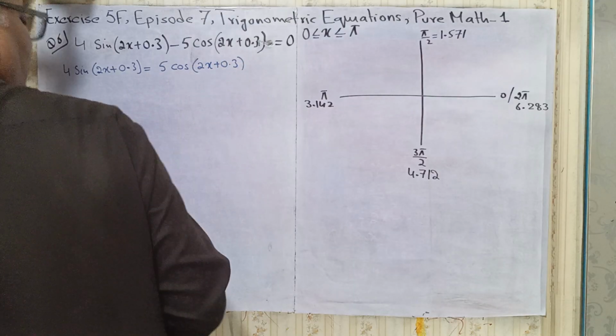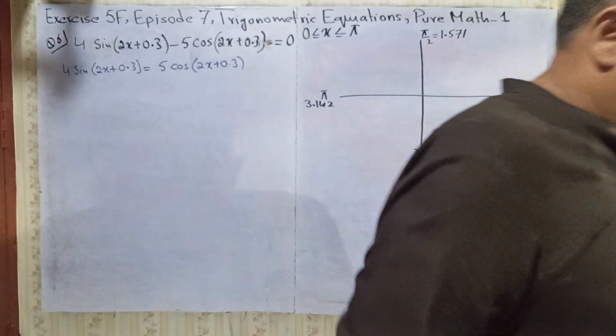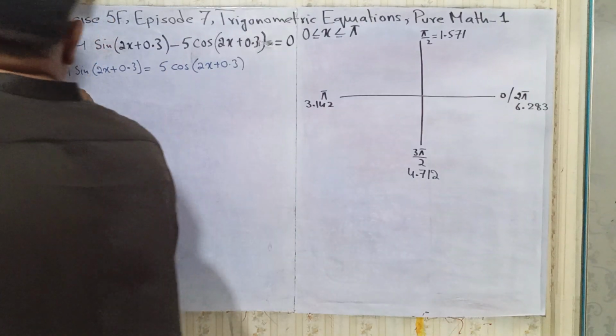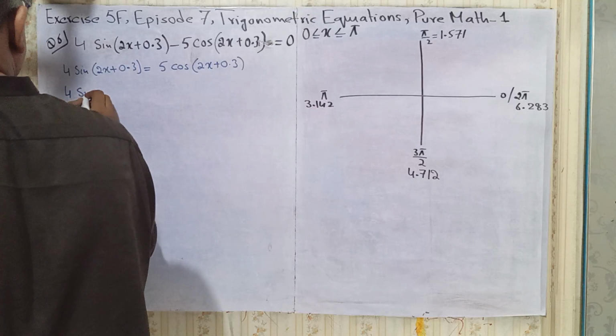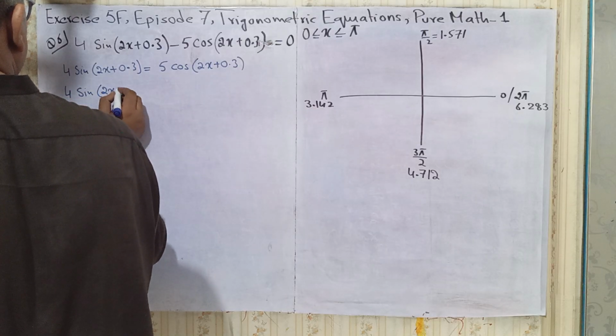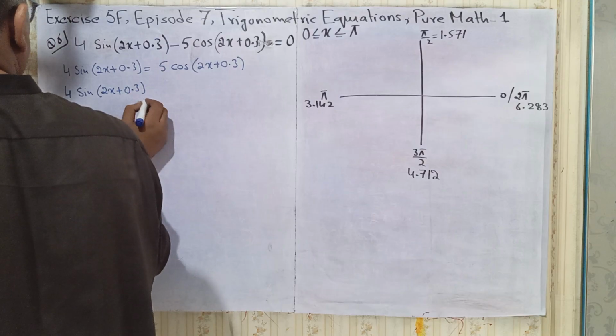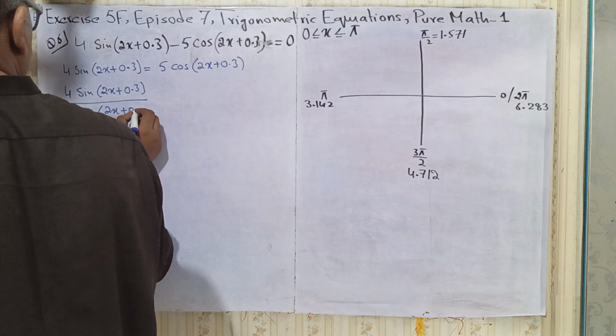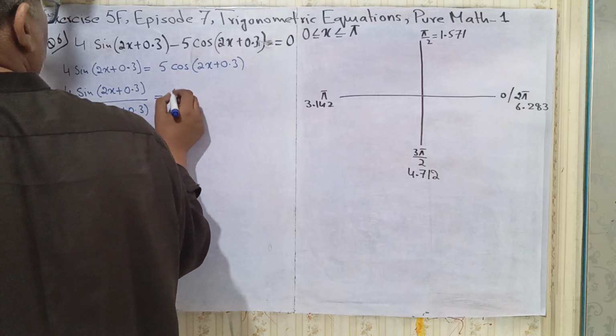So divide both sides by cos. When you divide, you will have 4 sin(2x + 0.3) divided by cos(2x + 0.3) equals 5.